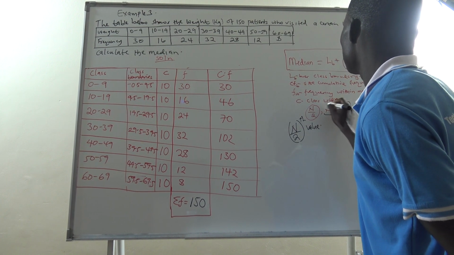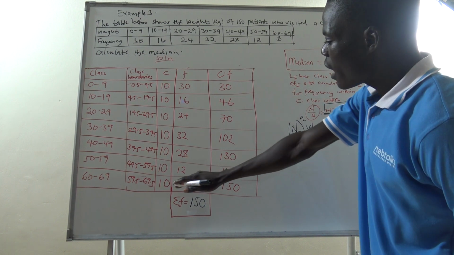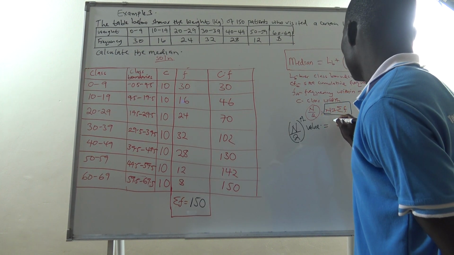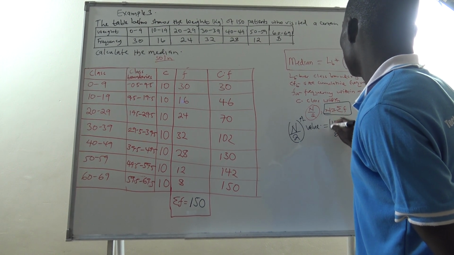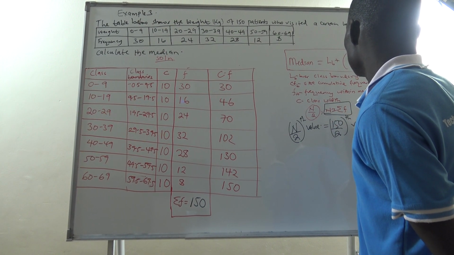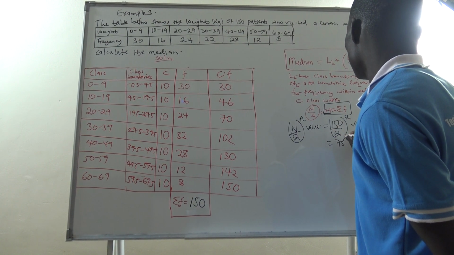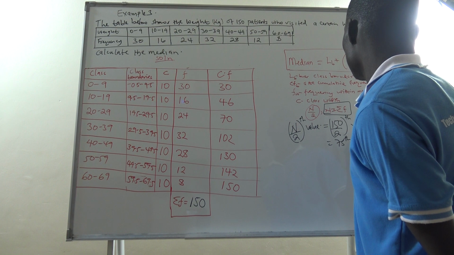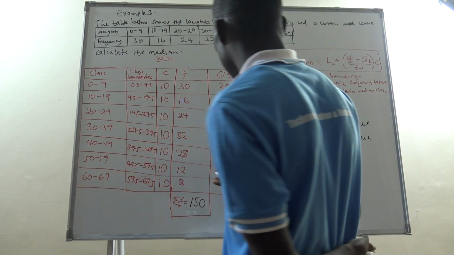But we said n is the same as the summation of f. Applying this value will be what? Summation of f, which is 150, divided by 2. This value will give us the 75th value. Then this value comes here on your cumulative frequency.